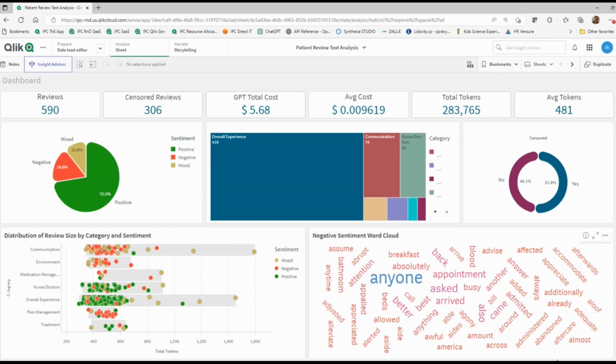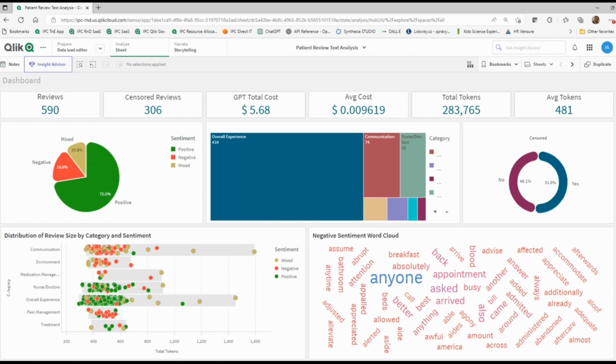These are the most common words for negative sentiment. Then we analyzed the size of the message by category, just to test the hypothesis that people tend to write more when they're angry, when they have a negative review. We broke it down by type to see if there's any pattern that we should worry about.